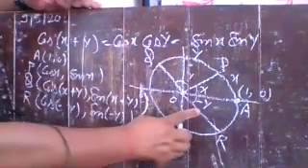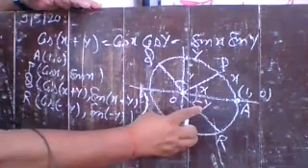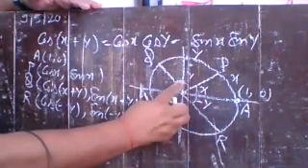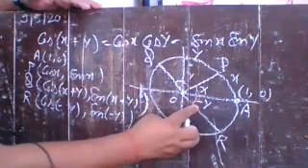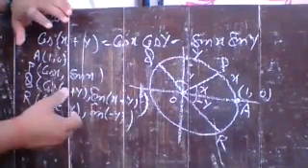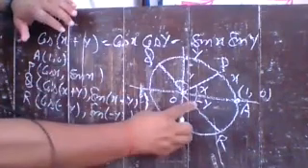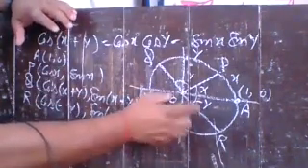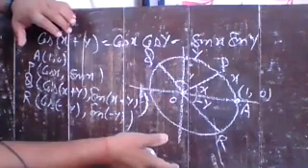Here you see minus y, and here you have y. Understand? So minus y means what? Minus y indicates only the direction of that angle. It means the angle moves by the same amount as PQ, but in the negative direction.